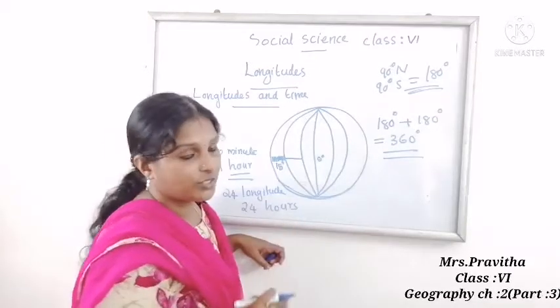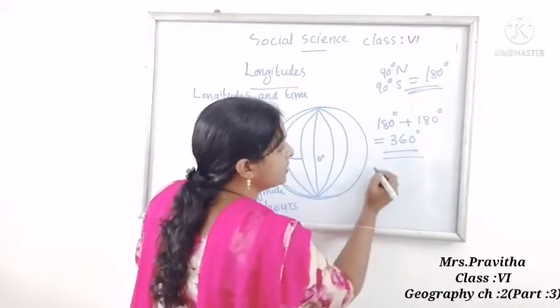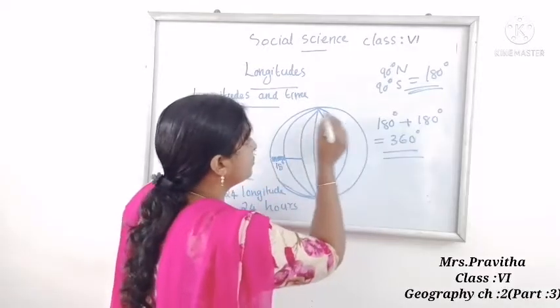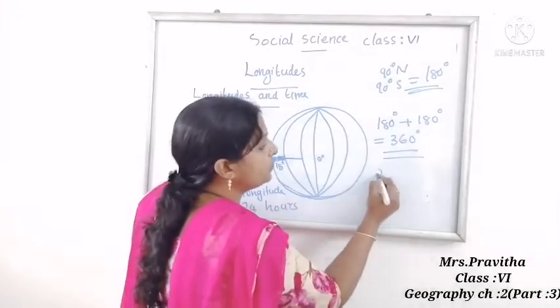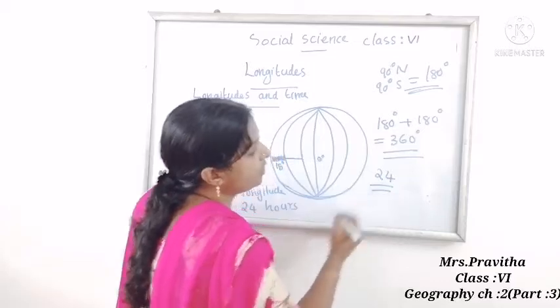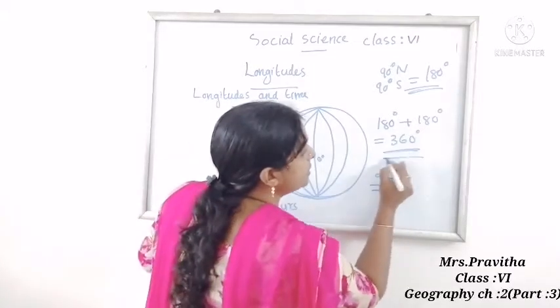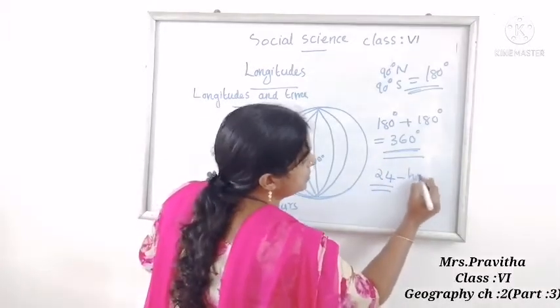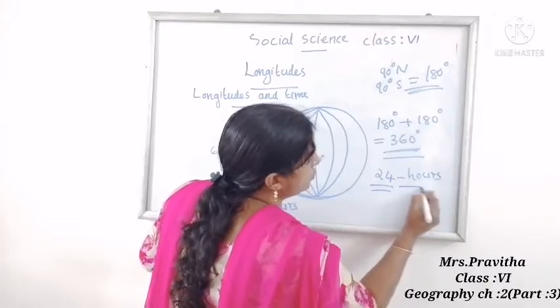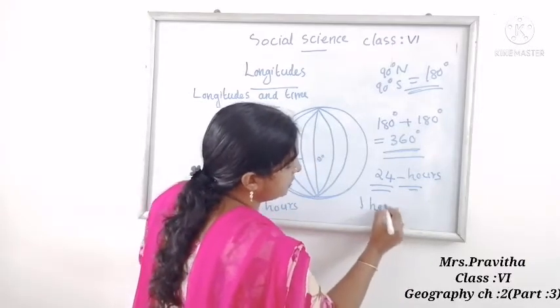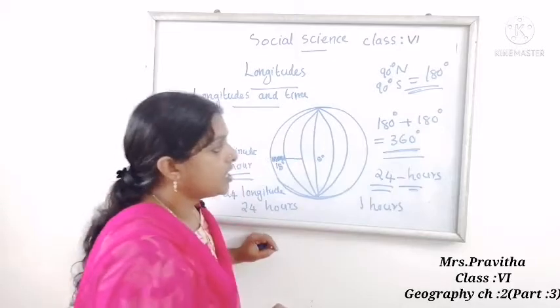I think children you got it. In these 360 degrees of longitudes altogether we can tell 24 hours. These 360 degrees mean 24 hours distance. Each longitude is 1 hour distance, like that 24 longitudes are there.